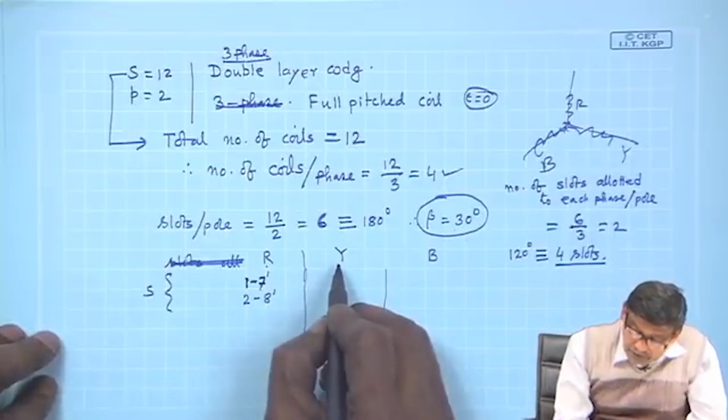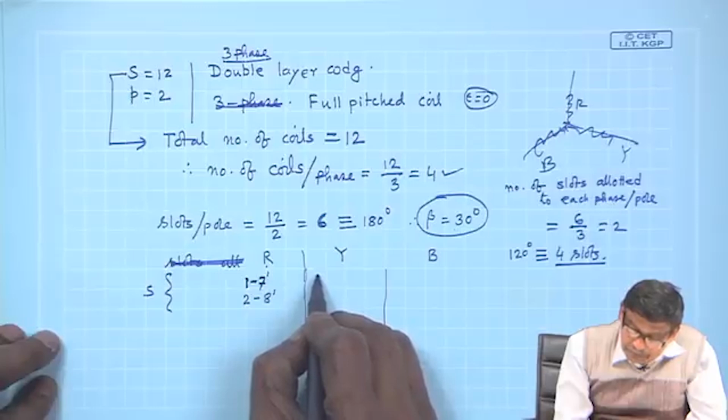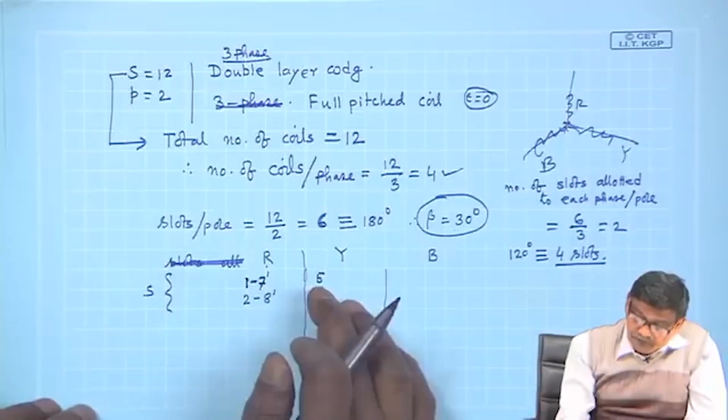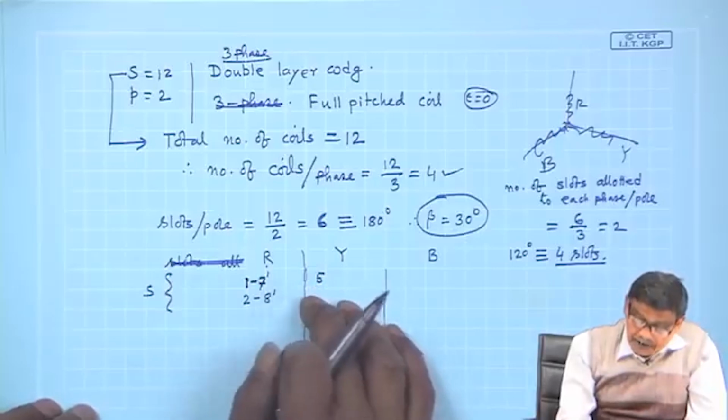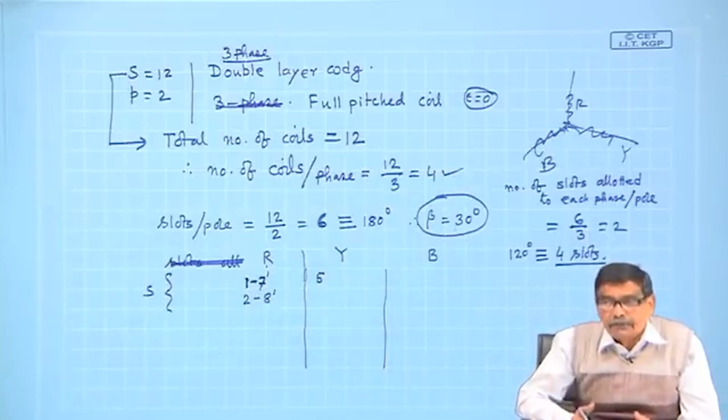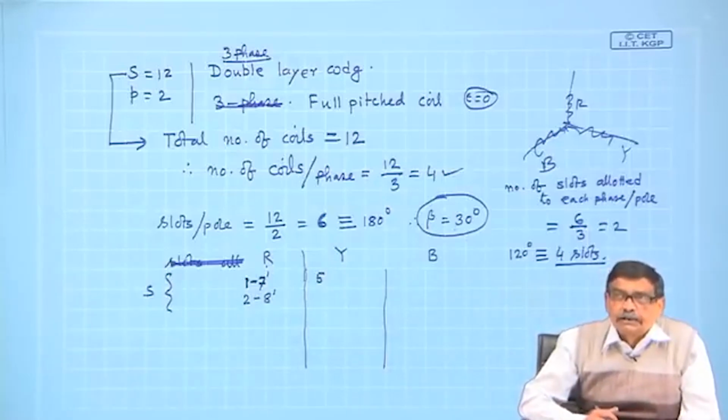So, the starting of Y phase should be from 5 and its first coil starts from 5, but the coil span is the same no matter whether it is R phase, Y phase or B phase, since I want to make a symmetrical 3 phase winding.